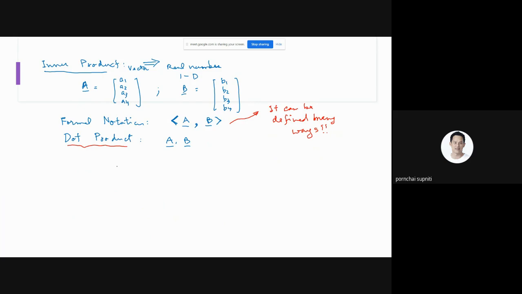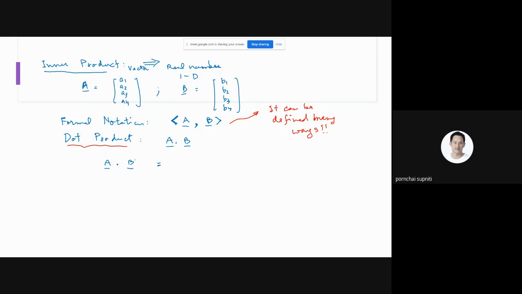So for this special case of the inner product, which is called the dot product, we can write A dot B. Like I mentioned earlier, this converts the vectors into a real number.